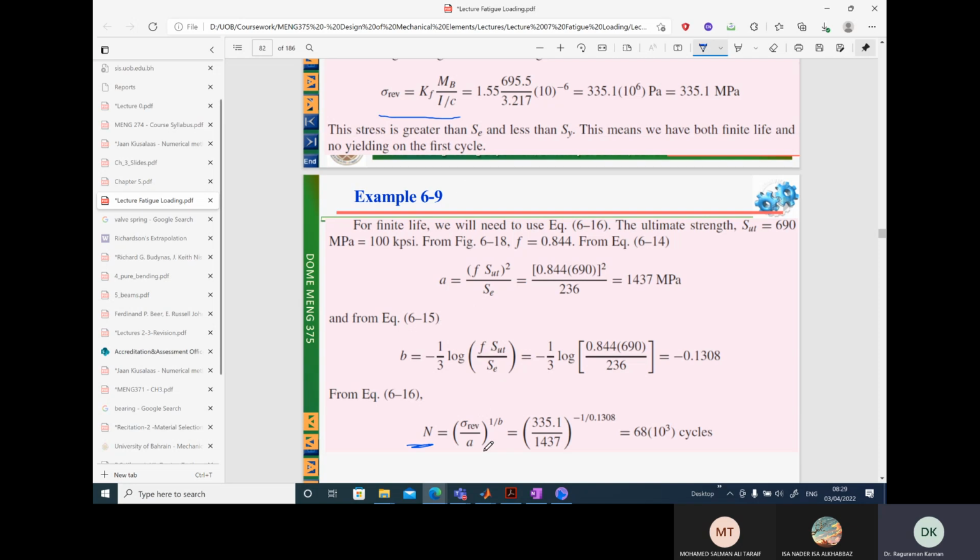We go through the same procedure to figure out all the values and then find the number of cycles to failure. So you can look at the previous lecture and try to see how to do all these calculations.